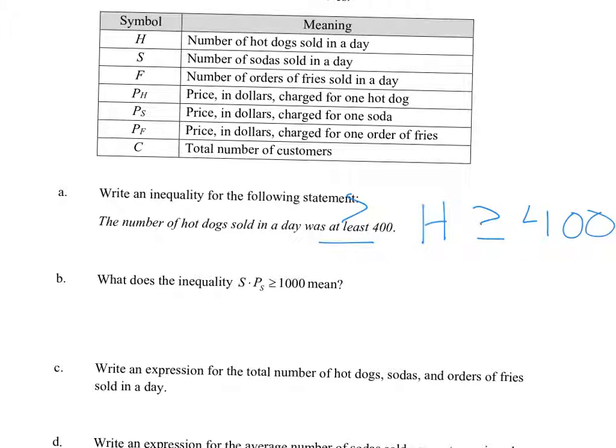The next question says, what does the inequality S times P sub S is greater than or equal to 1,000 mean? Well, the first thing I'm going to notice is that S is the number of sodas sold in a day, times P sub S, the price charged for one soda. So if I take the number of sodas sold in a day times the price per each soda, what that's going to give me is the money made from soda.